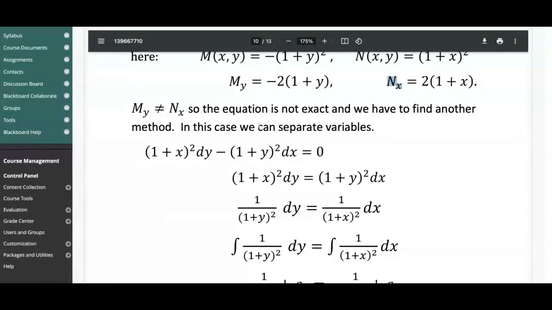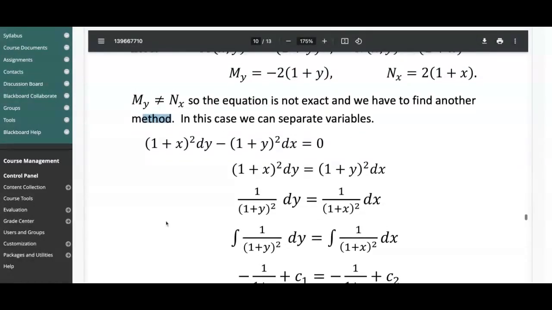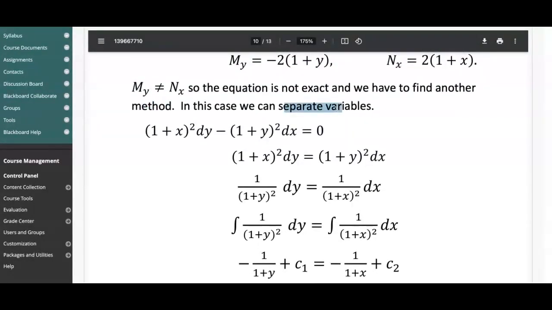So what do we do? The equation is not exact, so we have to find another method. In this case, actually, we can separate the variables, because this part involves just x and this part involves just y.